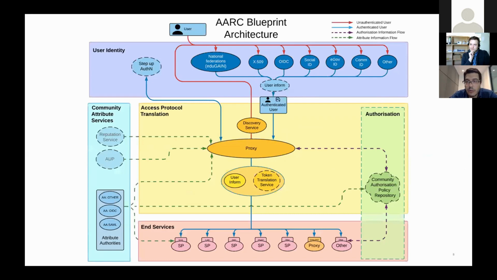So this translation between different federation protocols is something that is already supported by the proxy approach. Does this answer the question, Missy?